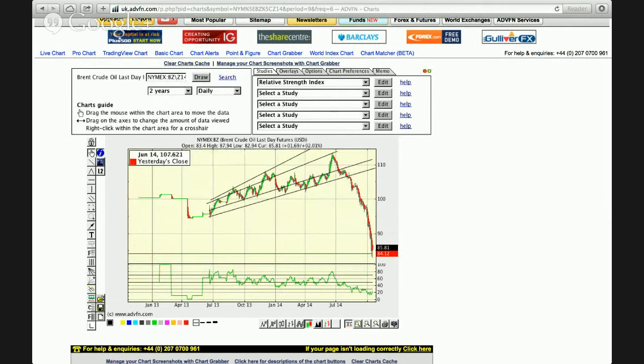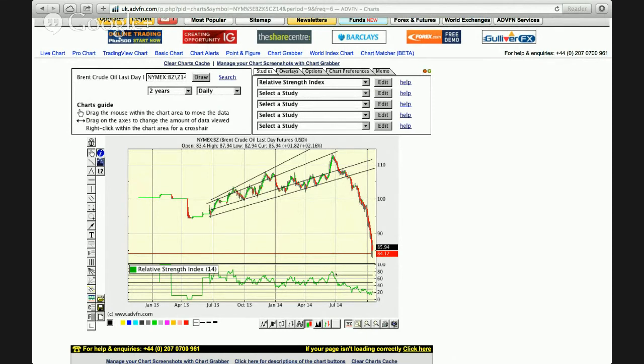That overbought position coincided with a somewhat new high, or a similar high to the previous. And it didn't happen here. For some reason there wasn't an overbought position, so this new high wasn't met at all with a relatively high level in the relative strength index.